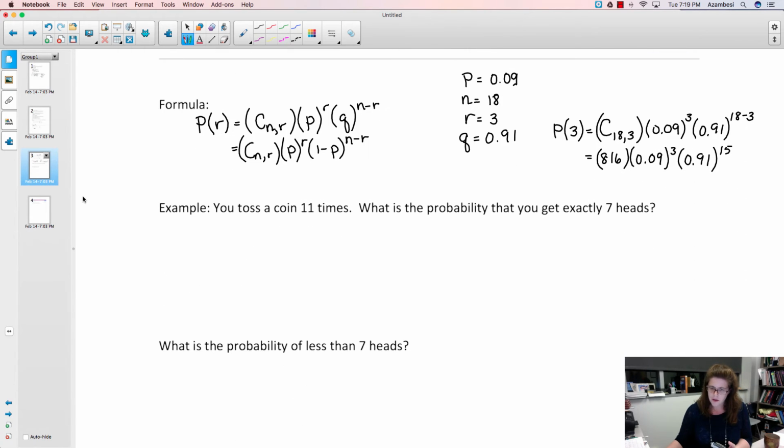Putting this in my calculator, 816 times 0.09 to the 3rd times 0.91 to the 15th gives me 0.1446 to 4 decimal places.